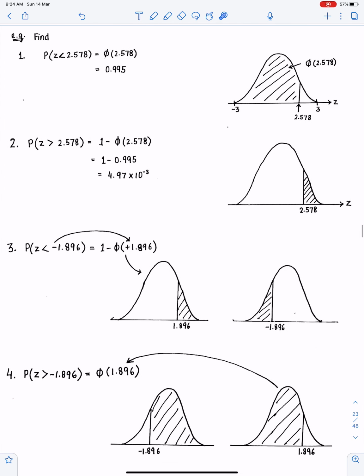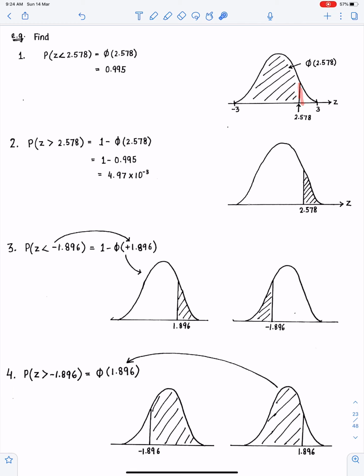So you need the value of z. You need this probability. See, this has a less-than sign. So first mark this line here, make the reference line. 0 is here, so 2.578 will be close to 3, and this is the reference line. You just need to estimate this value. This value is close to 3, so it should be here.